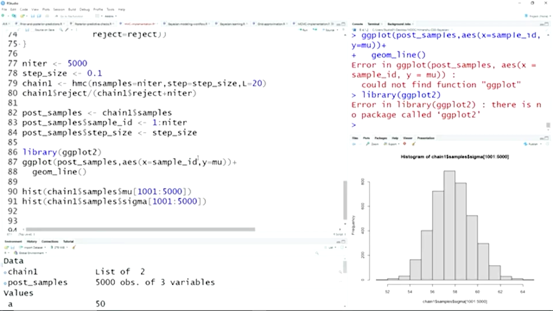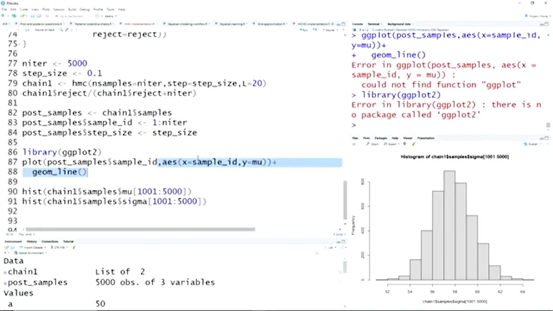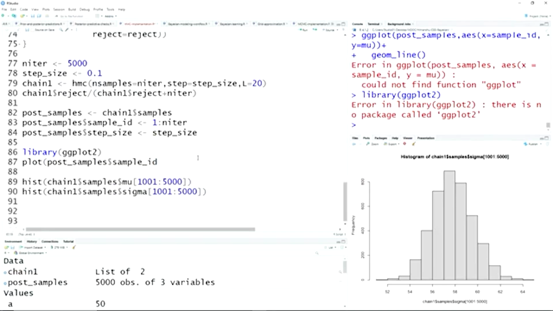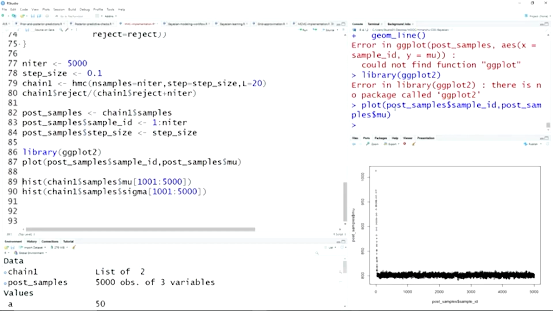What happened to ggplot2? Okay, see. So this plot shows the sampling, right?